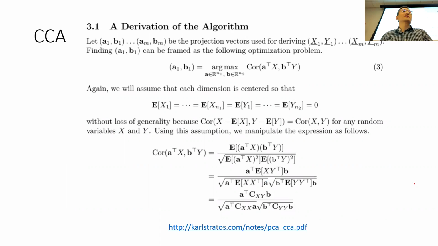So this algorithm is simple. You want to have matrices, in this case A and B. Okay, projection matrix.